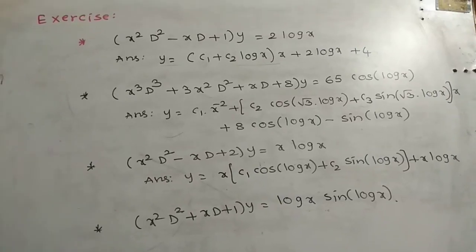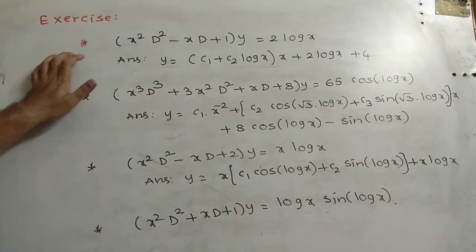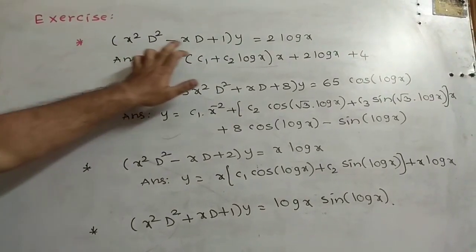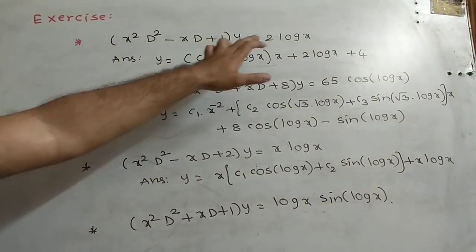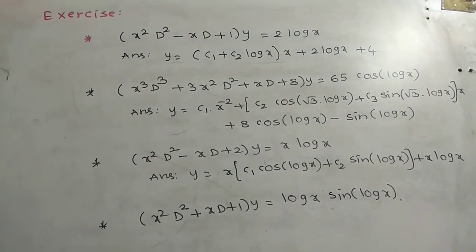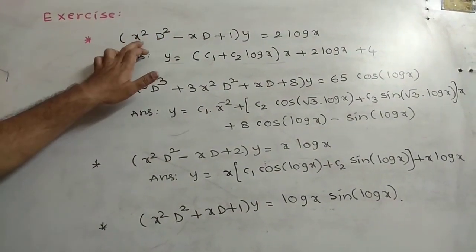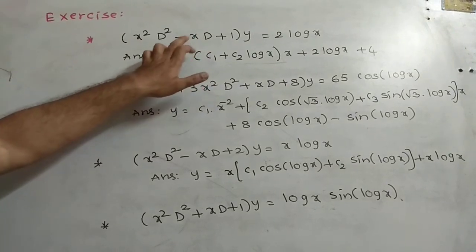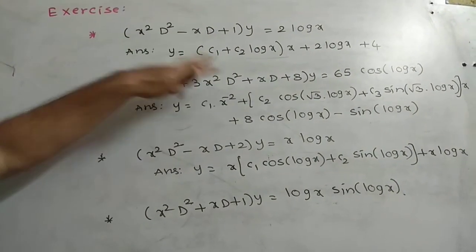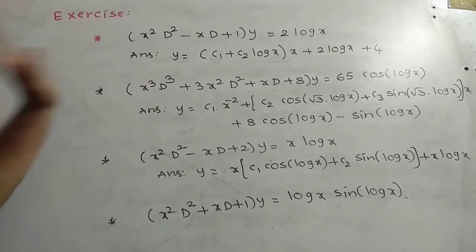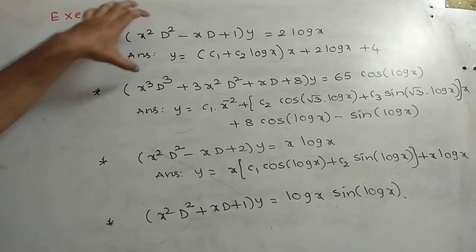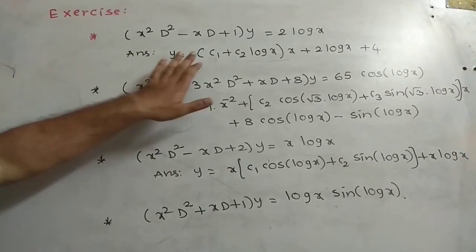Now let us have certain exercise problems. X square d square minus xd plus 1 of y equal to 2 log x. Shall I use the Cauchy Euler equation for this? So the d square coefficient must be x square, the d coefficient must be x. If it is a d cube, definitely it should have x cube. So same model, you apply your method and get your answer.